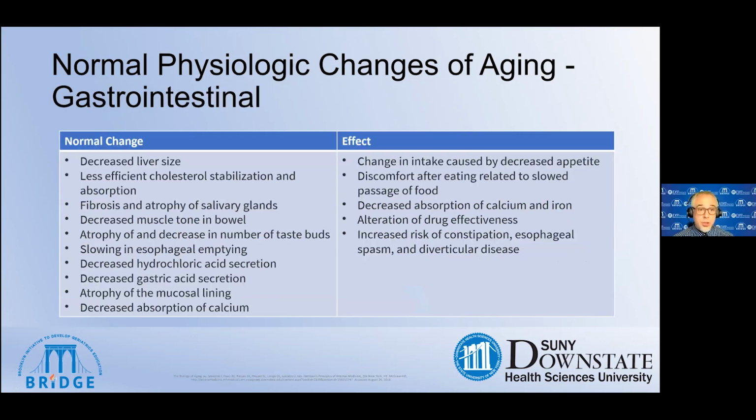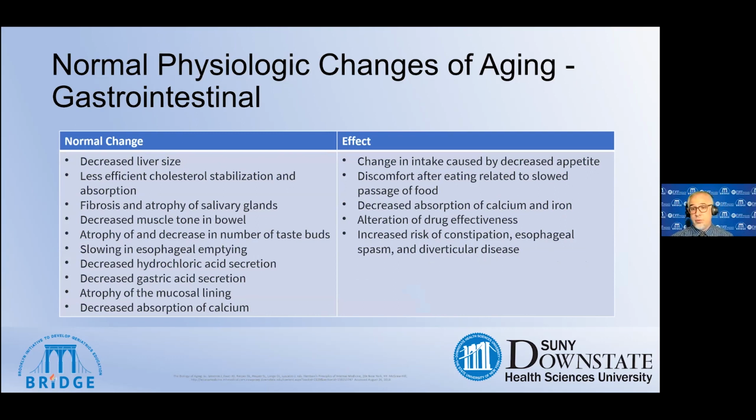And there are GI changes, which span changes to liver size, salivary gland function, bowel muscle tone, taste bud atrophy, esophageal emptying, decreased acid secretion, mucosal atrophy. All of this leads to some decrease in appetite.